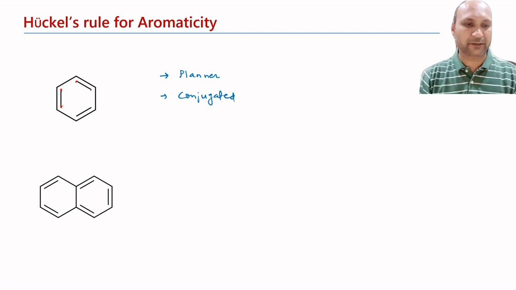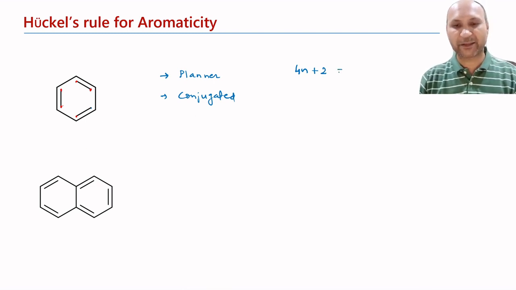If we just count them, 1, 2, 3 and 4, 5 and 6. Now the criterion for aromaticity, as we have seen, is the formula 4n+2. We have seen that there are 6 pi electrons, so we can put it as 6.